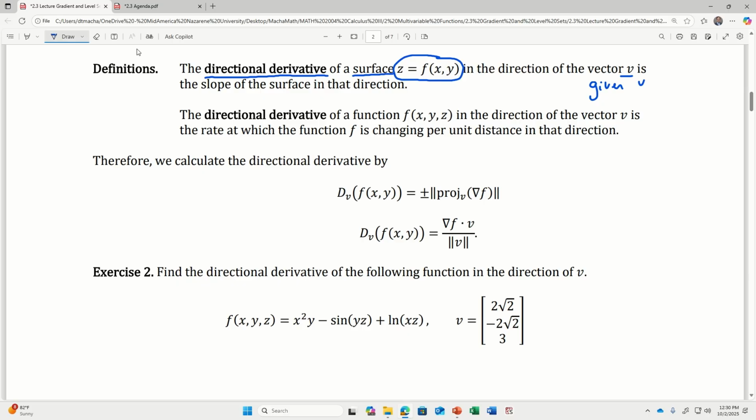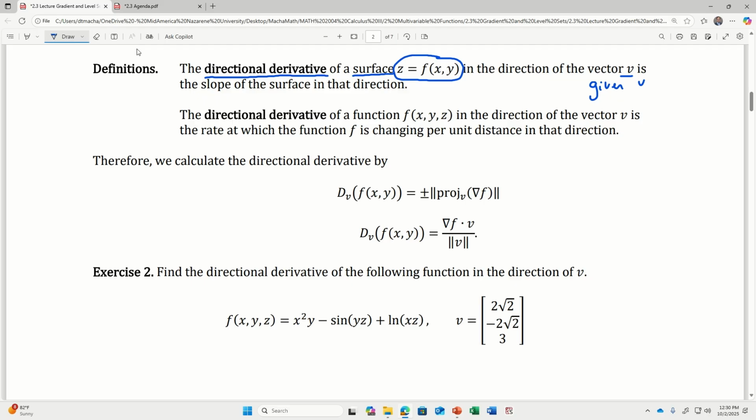If I'm standing on the side of a hill, there's going to be one direction of steepest ascent. If I point myself towards the top of the hill, there's a direction of steepest descent. There's always going to be a direction where I can just travel and not move up or down in elevation. Actually, probably two directions, right? In front of me and behind me. And then in between those, there's varying degrees of how steep the hill is in that direction. So this is called a directional derivative.